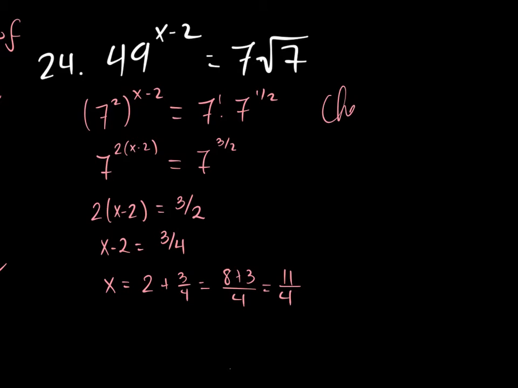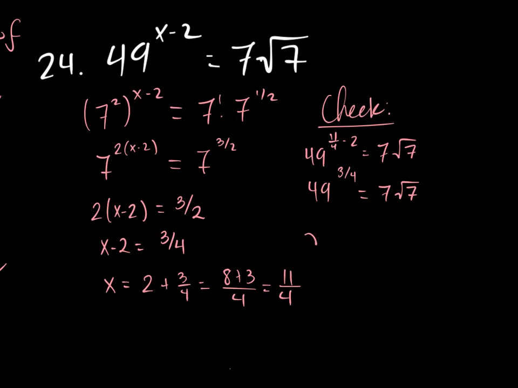Then we quickly check to see if that actually works out. We get 49 to the 11/4 minus 2 equals 7 root 7. 49 to the 3/4 equals 7 root 7. It's the same thing as the 4th root of 49 cubed equals 7 root 7.